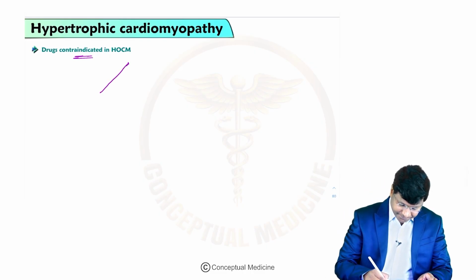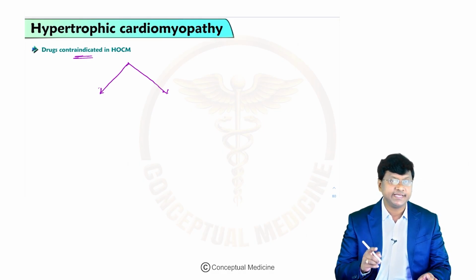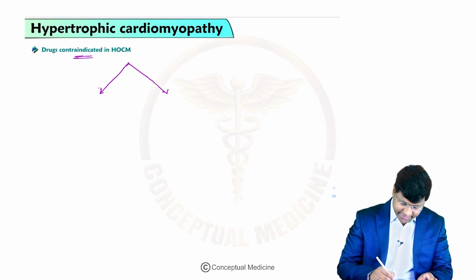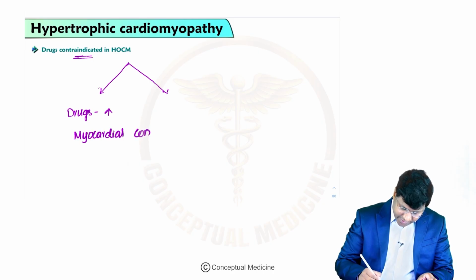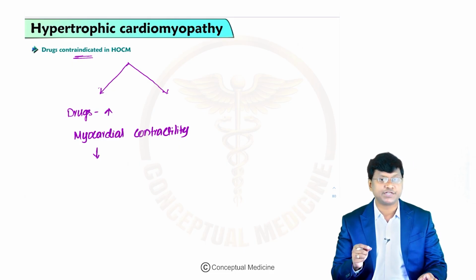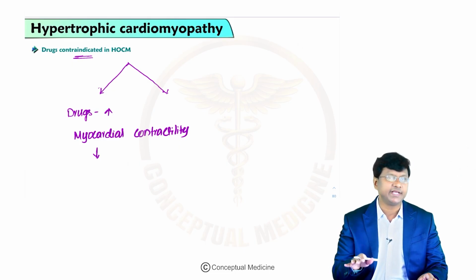See, that particular group of drugs that increases the myocardial contractility. So, drugs which will increase the myocardial contractility, what will it do to the obstruction? Obstruction is increased, output decreases.